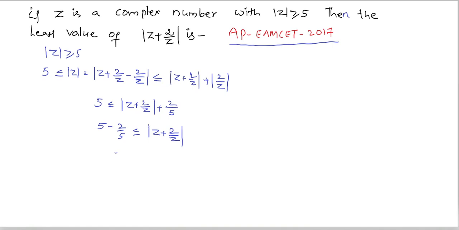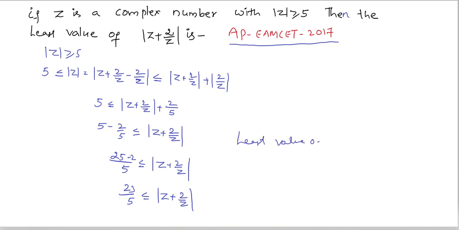This is 25 minus 2 by 5, equal to 23 by 5, which is less than or equal to modulus of z plus 2 by z. The least value of modulus of z plus 2 by z is 23 by 5.